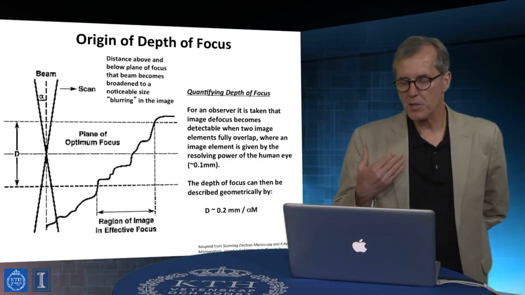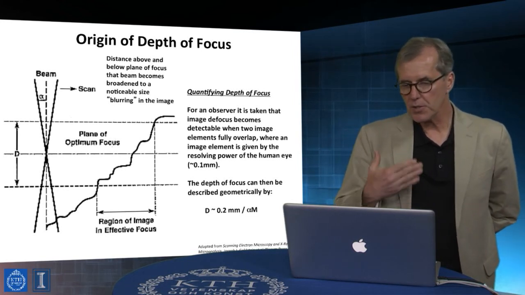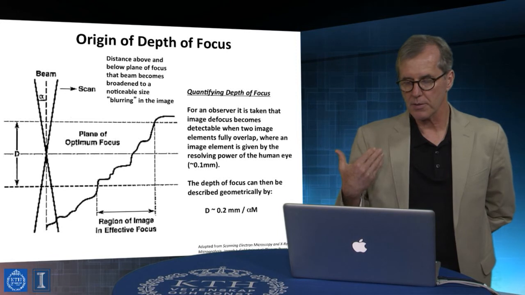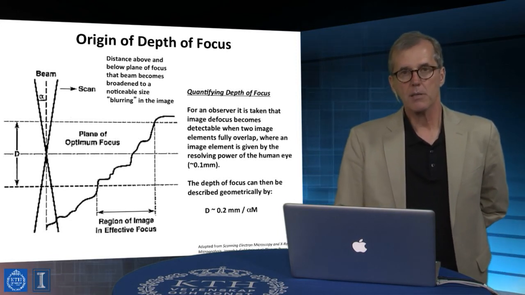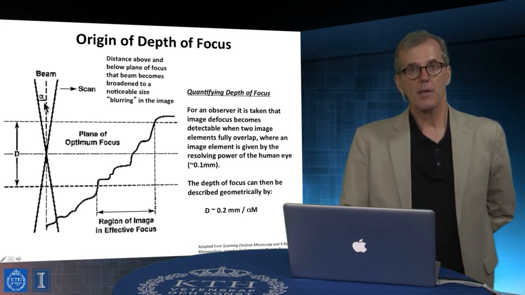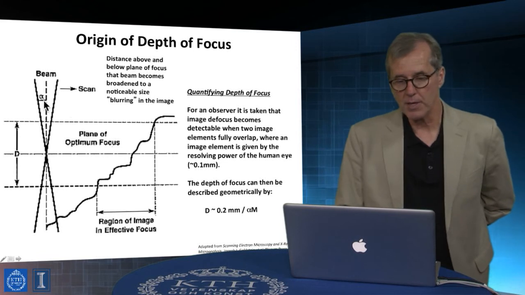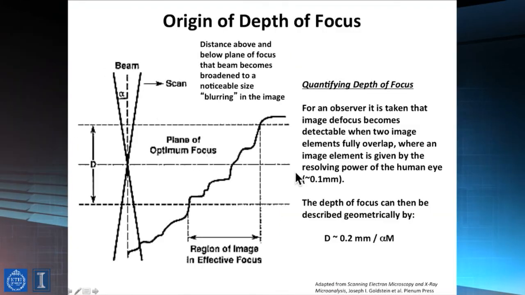Okay. Now, what's the origin of the depth of focus? Just by borrowing from the analogies with optical microscopy, it really has everything to do with the divergence of the incident beam. So that's shown here in alpha. And let's imagine this focal plane D as shown here.